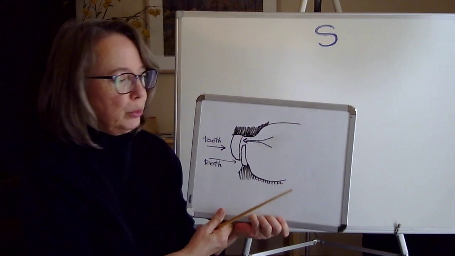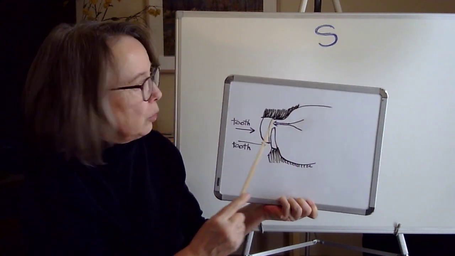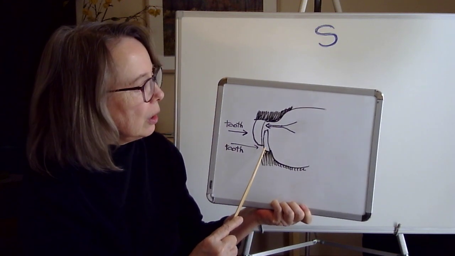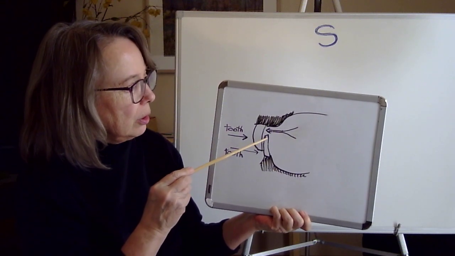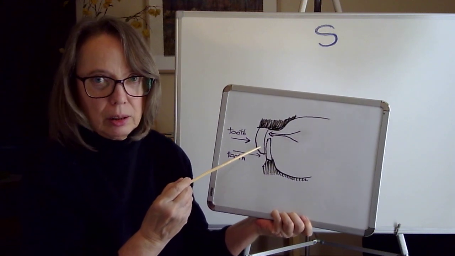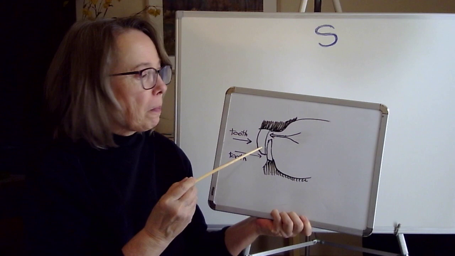In order to make an S, here we have the front tooth, the big front tooth. Here we have the smaller bottom tooth. And you can see that the bottom tooth comes up. It's not touching the front tooth, almost touching.